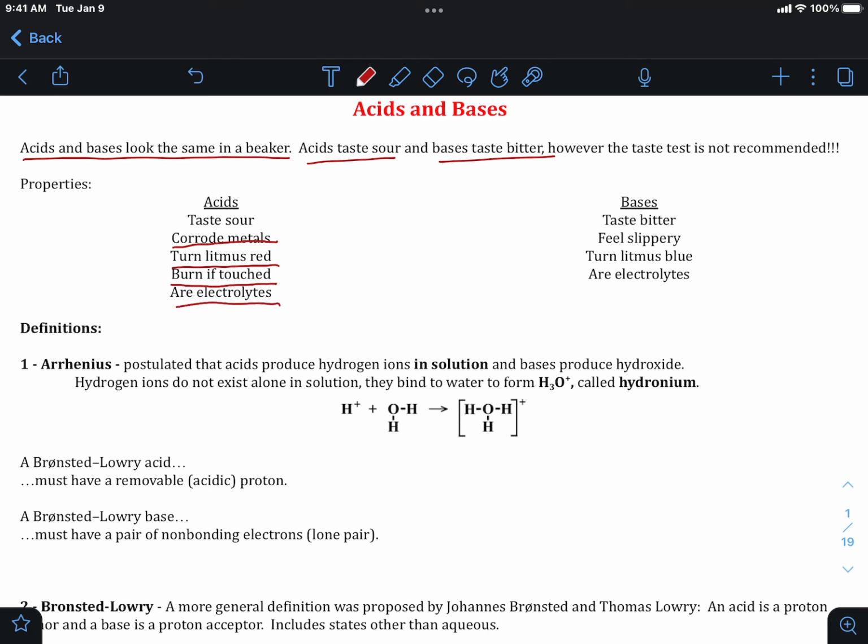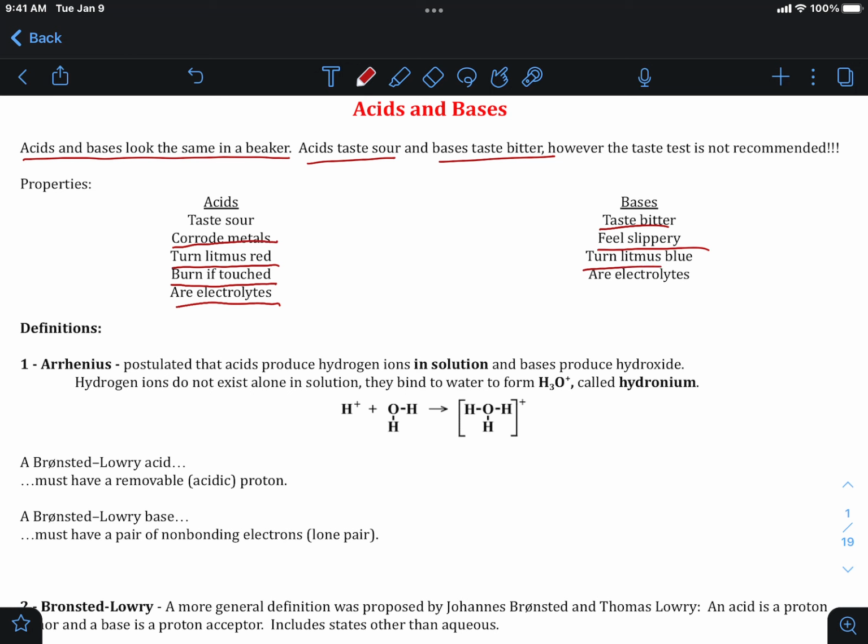Acids are electrolytes. Remember, electrolytes allow for conductivity in solution. Bases have the bitter taste. Now, bases feel slippery, right? Slippery like when you're washing dishes and using detergent. So if you've gotten ammonia or sodium hydroxide on your fingers during lab, and you felt like, oh, this is really slick, really slippery, well, that's because you had contact with a base.